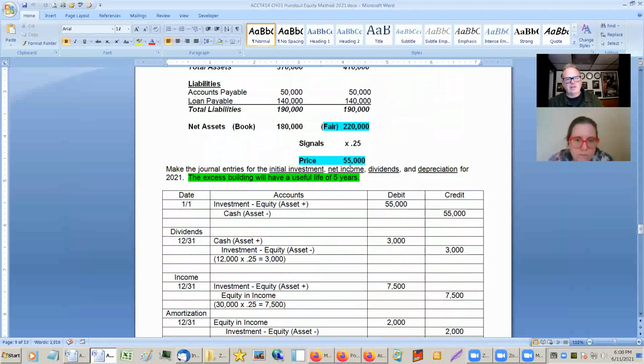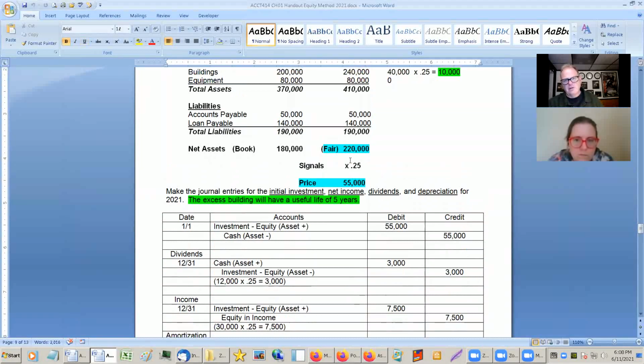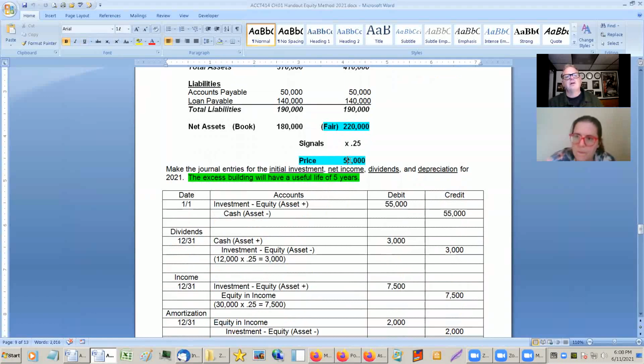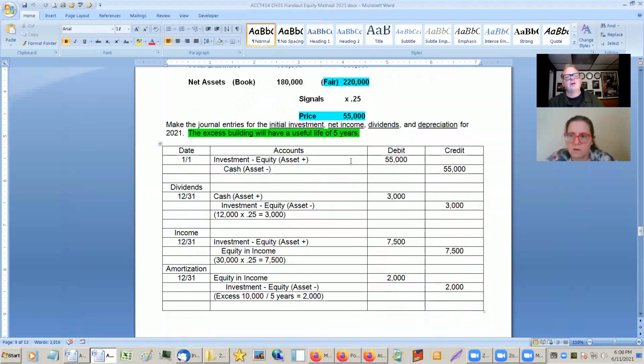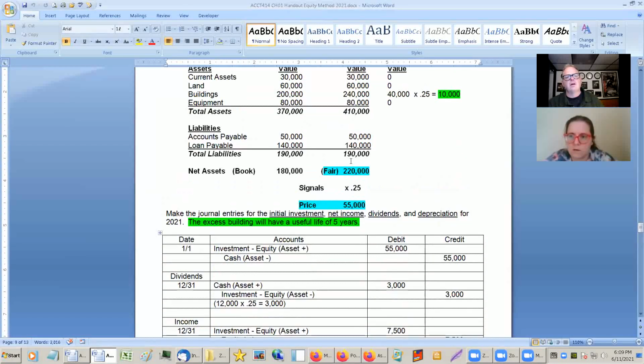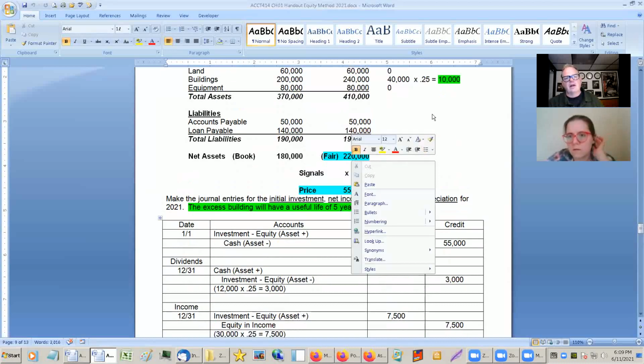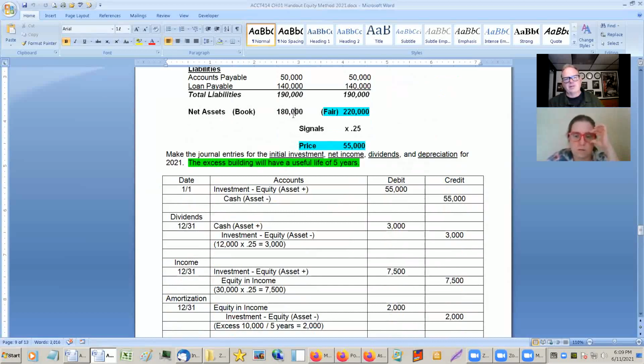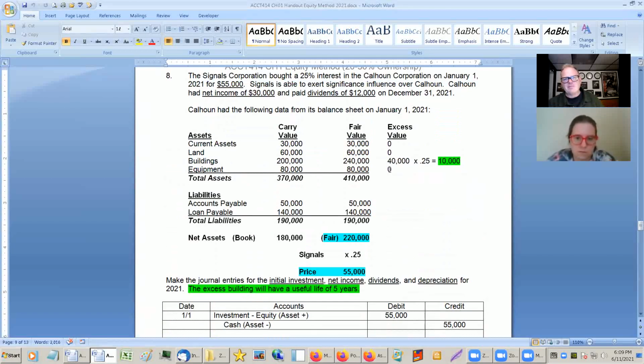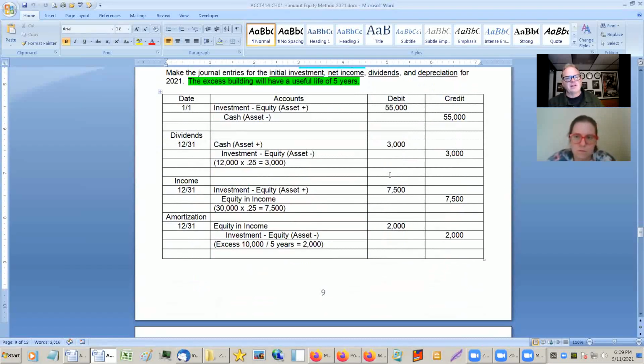Okay, yeah, so 25% of that, so that's where we get the 39,000. And this one, there wasn't any excess because of this before. I can't remember how I explained this to you. I apologize.